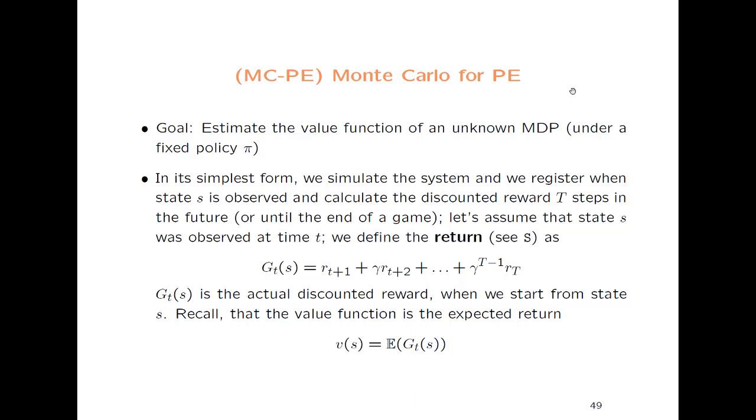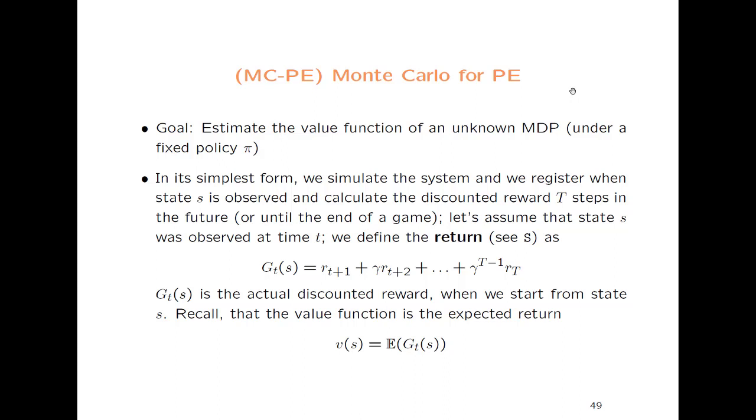So let's assume that state S was observed at time t, and we define the return, also introduced in Silver, as follows: at time t, the state S, and then we are just collecting all the future rewards from time t onwards, where we also use a discount factor gamma, so we end up with a finite sum.